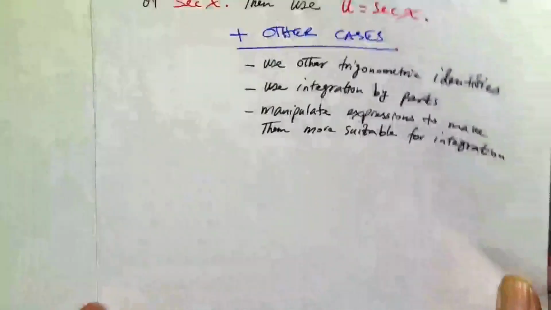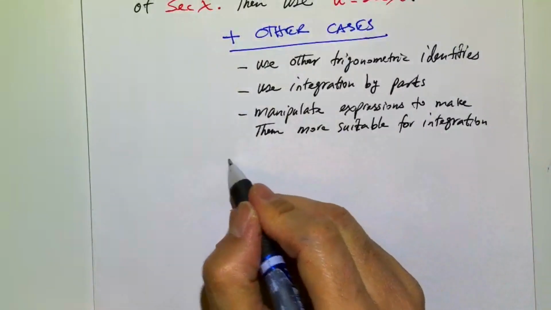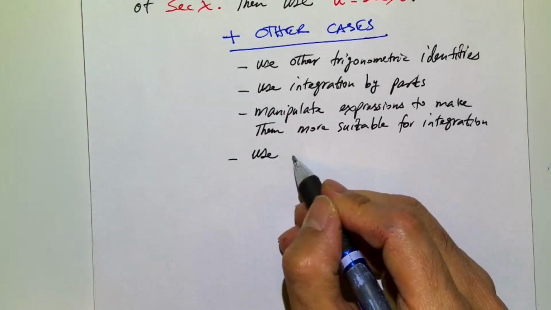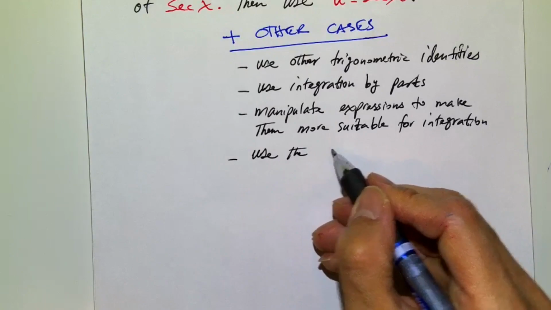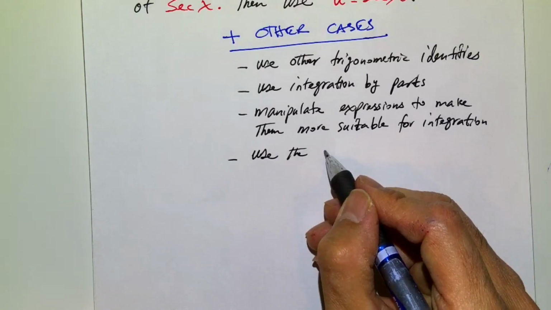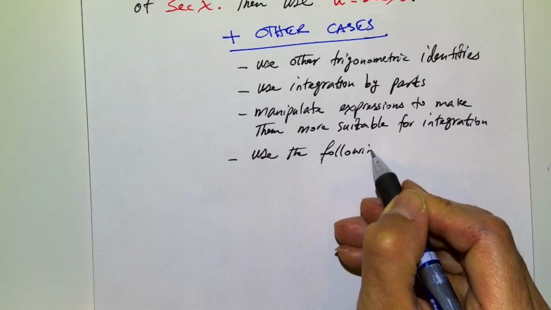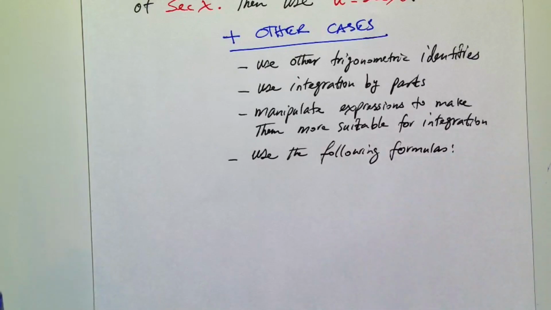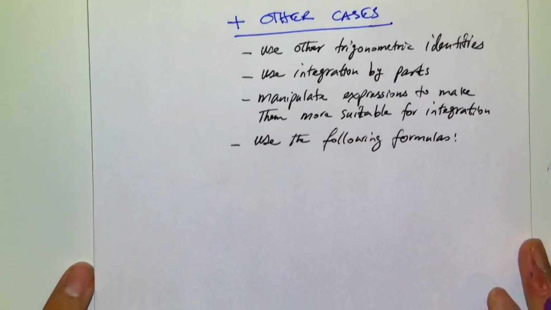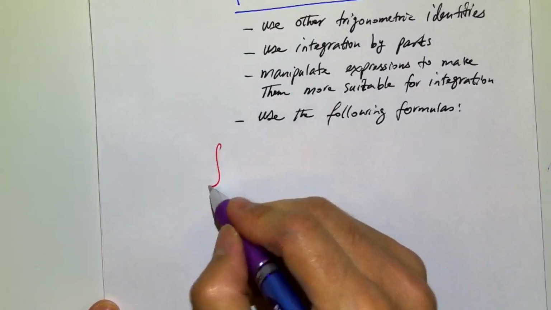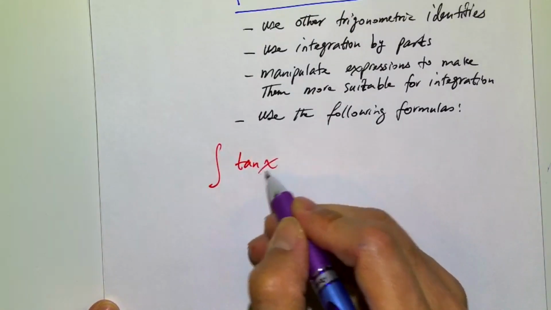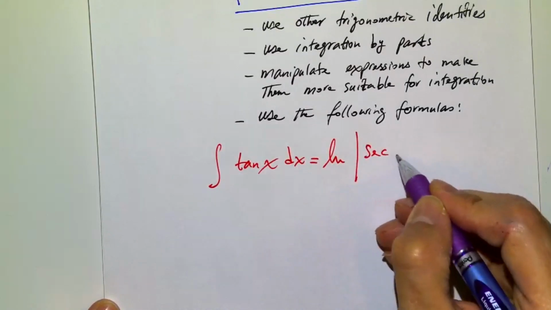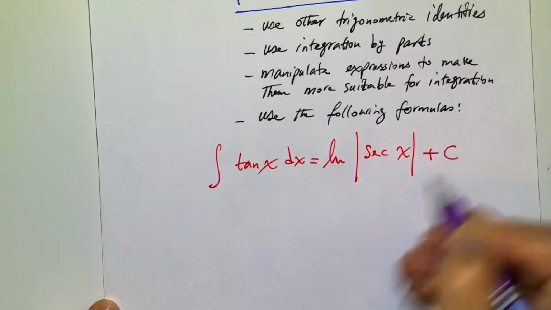Also, there are a couple of formulas that are very, very helpful, and we want to use them often as we have the opportunity. Use the following formulas. The integral of tangent of x dx equals natural log of secant x plus c.